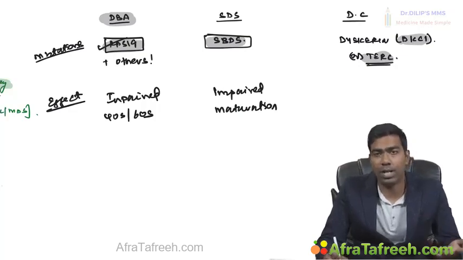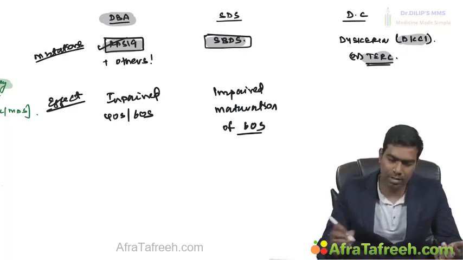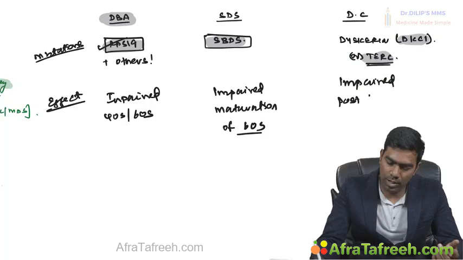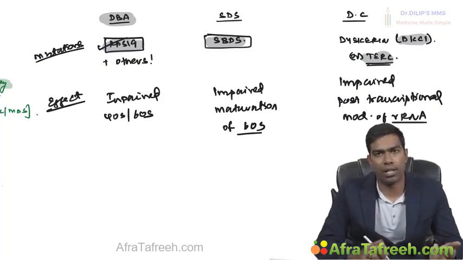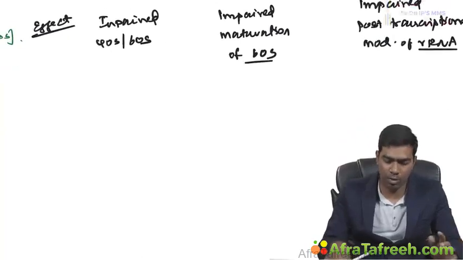In Shwachman-Diamond syndrome, it is due to impaired maturation of 60S ribosome. It is not impaired biogenesis. In dyskeratosis congenita, it is due to impaired post-transcriptional modification of ribosomal RNA. So this is the problem in dyskeratosis congenita. So these are the three things that are important. All are ribosomopathies. That again I'm telling you that point.